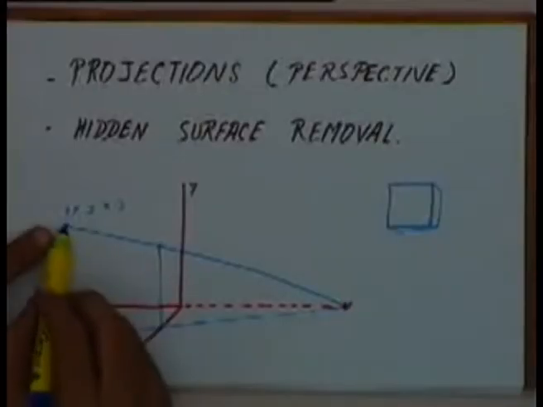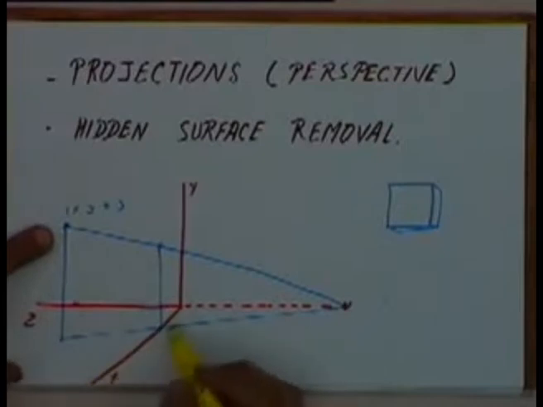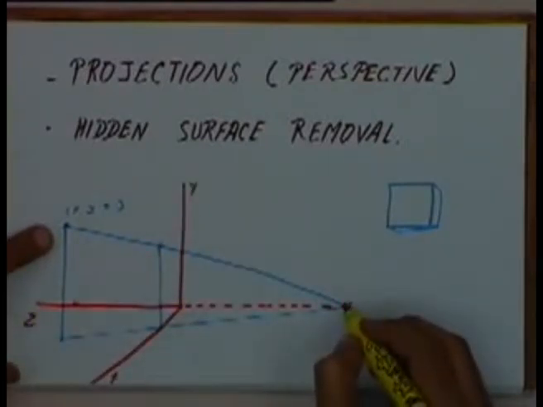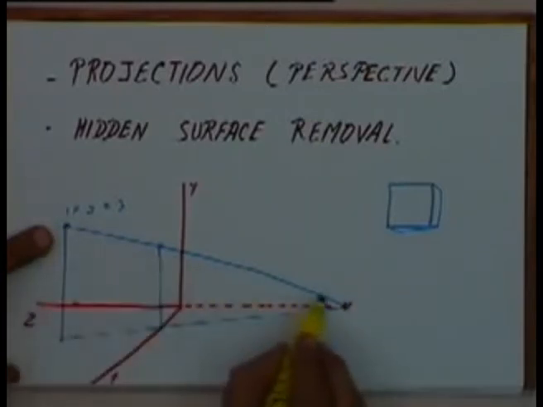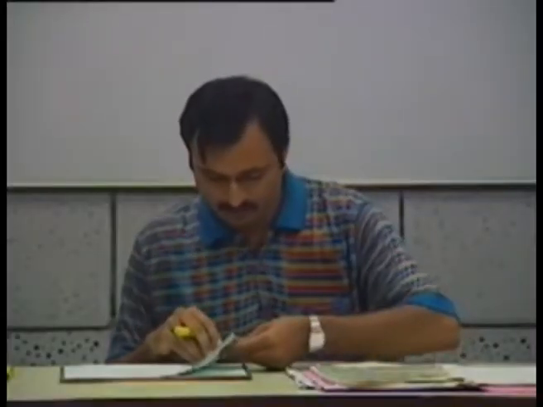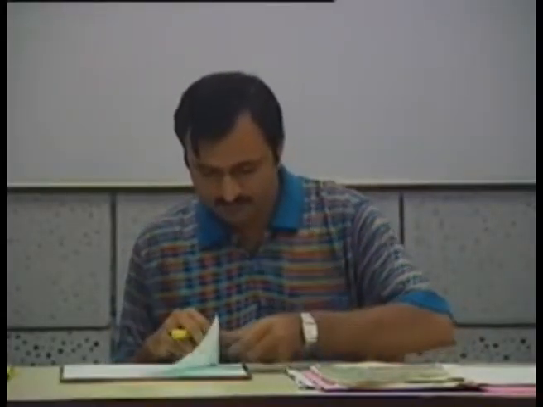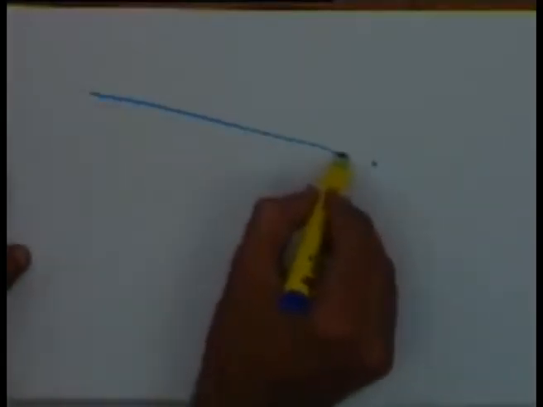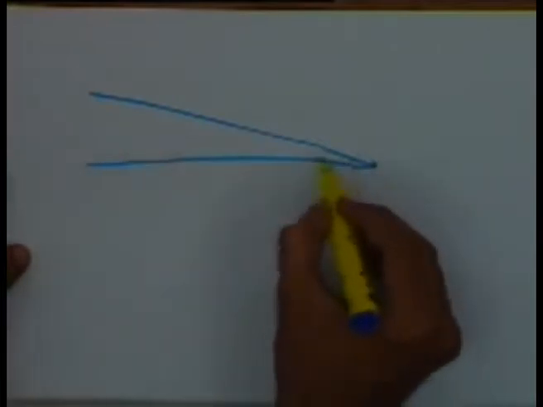The projecting lines are going to be all focused at the eye. For example, if you have any point here x, y, z, this is our coordinate axis x, y, z, and this is the location of the eye. This is going to be the projecting line. So if this is the eye, all the lines are going to be projected in this manner.